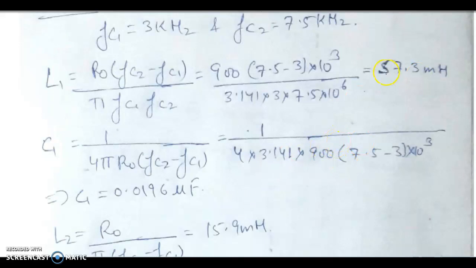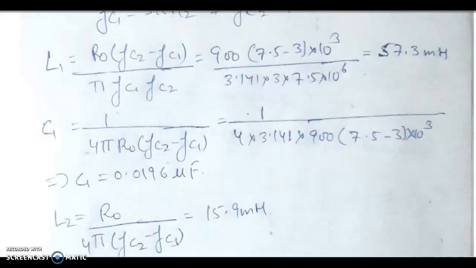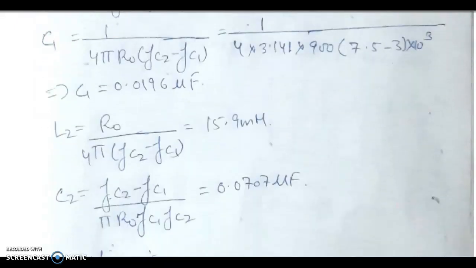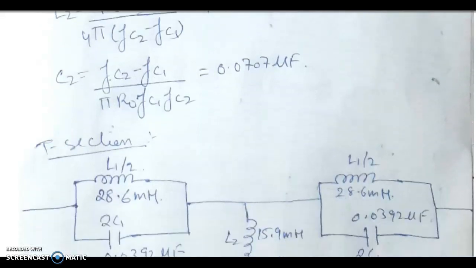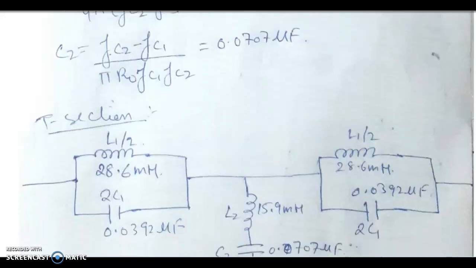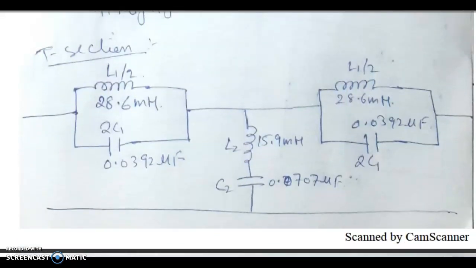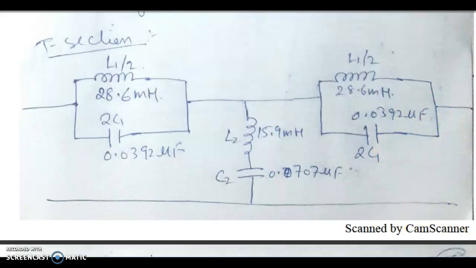So we have to divide this L1 by 2 to get the correct value of this component, L1 by 2. Similarly, the capacitor connected has a value equal to 2C1. So in this way we can design the band stop filter. When we put these values, we obtain the T section of the band stop filter.